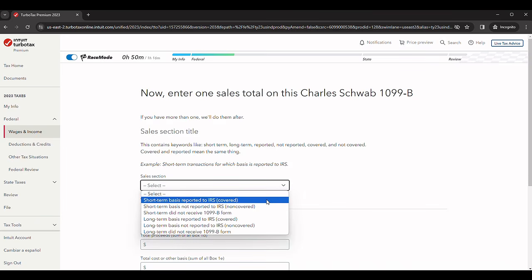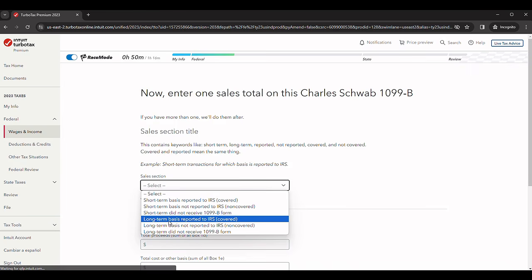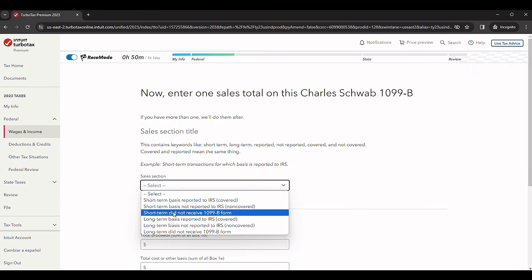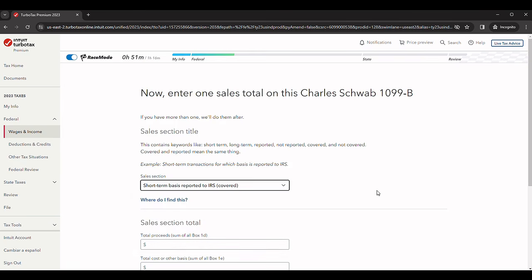It's going to say short term. Just look at the classification and read it carefully, because there are different types of short term and different types of long term. I'm not going to try to confuse you. So let's just say it's this one: short term, basis reported to IRS. So these are covered.